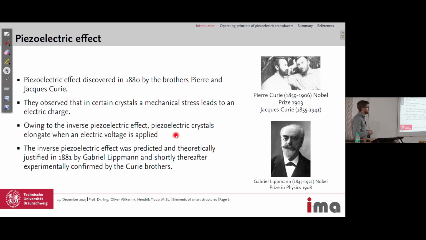This is the effect we use when we use them as actuators. The inverse effect was predicted and theoretically described in 1881, one year later, by Gabriel Lippmann, and was shortly thereafter confirmed experimentally by the Curie brothers.